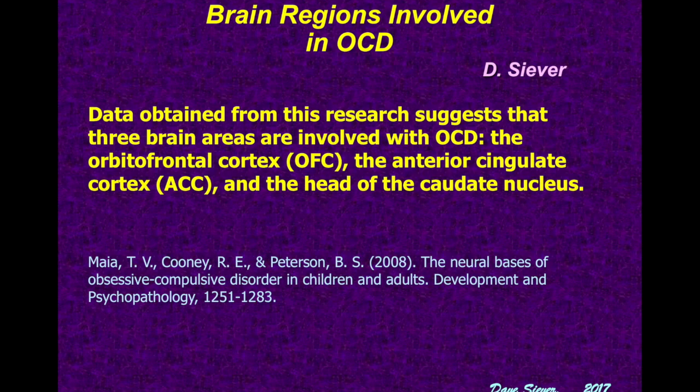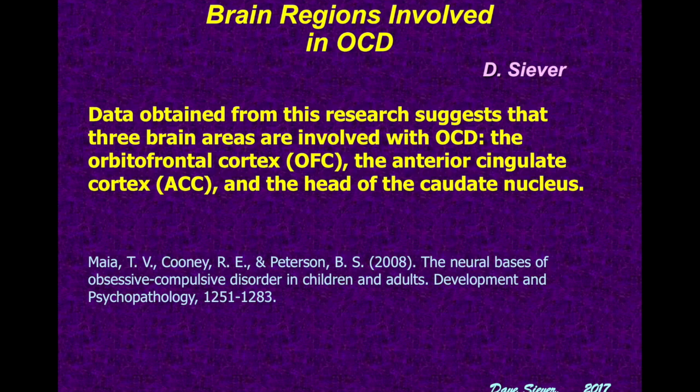Now, the caudate is a structure deeper in the brain between the cingulate and the thalamus. And that signaling loop in the front goes through both the caudate, the putamen, and the thalamus, and also the cortex. So it has to go through the caudate and the putamen to get to the thalamus.